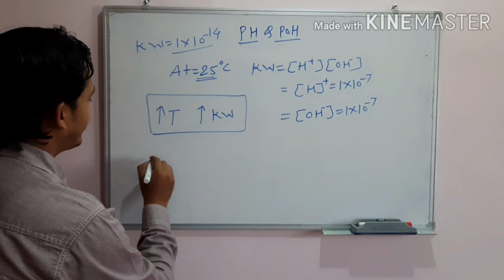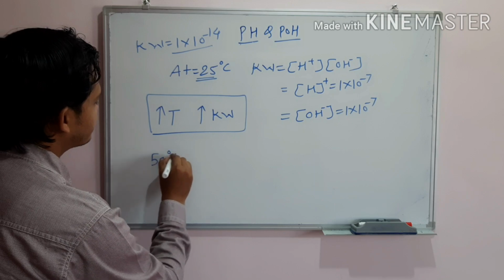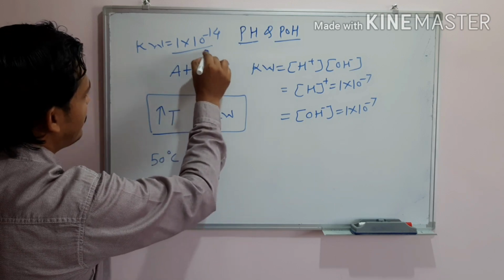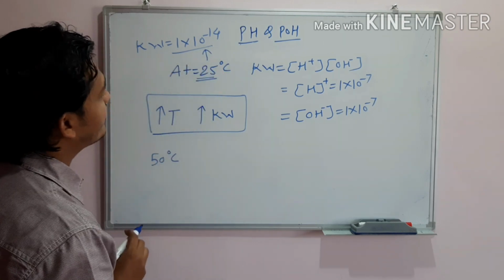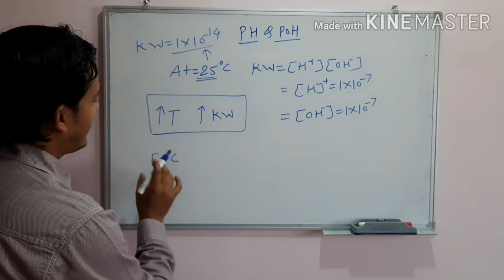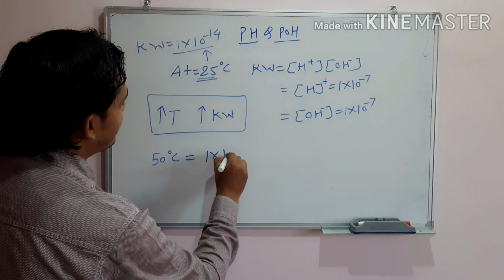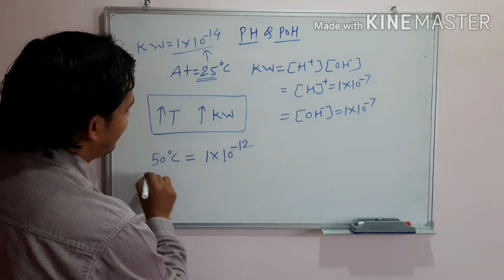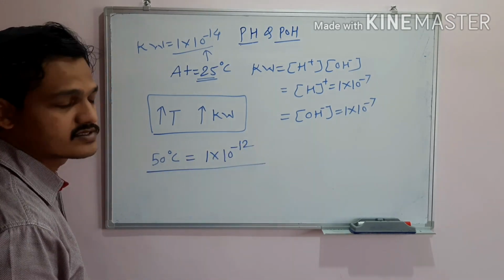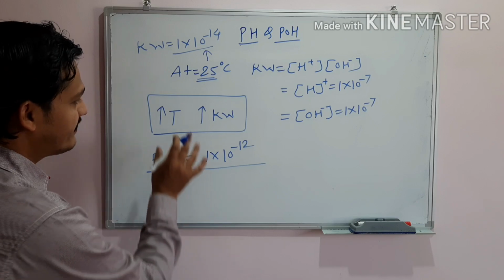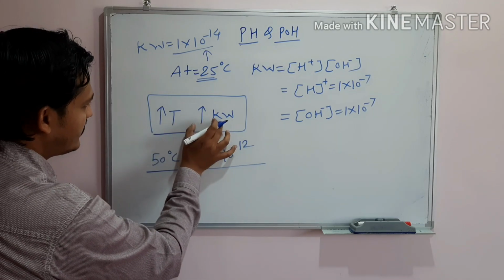Let us consider that at 25 degrees Celsius, the value of Kw is 1 into 10 to the power minus 14. At 50 degrees Celsius, the value of Kw will be 1 into 10 to the power minus 12. I am taking just random numbers. So as temperature increases, the value of Kw increases.